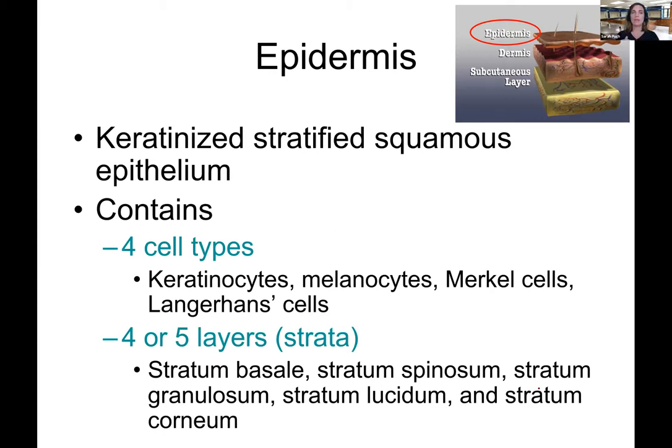Remember, the kind of tissue in the epidermis is epithelium. Specifically, what kind? We have two kinds, simple and stratified. The function of a simple epithelium is absorption, secretion, and filtration. The function of a stratified epithelium is protection.